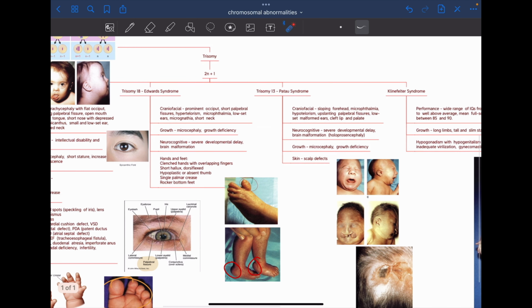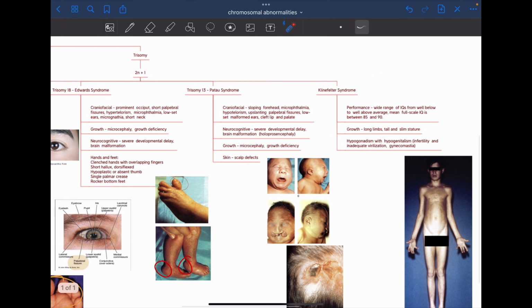Patau syndrome is similar to that, but it is even more rare. With Patau syndrome, you have, again, microphthalmia, but something different from Edwards syndrome is the hypotelorism, so their eyes are closer to one another. There's cleft lip and palate.